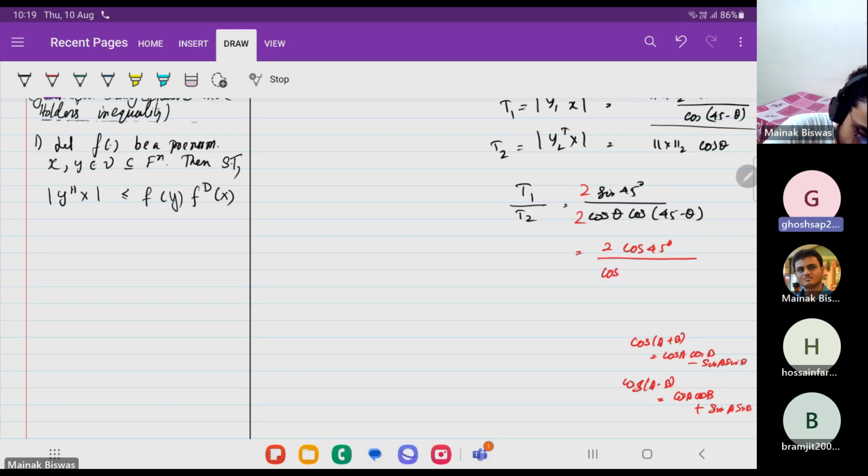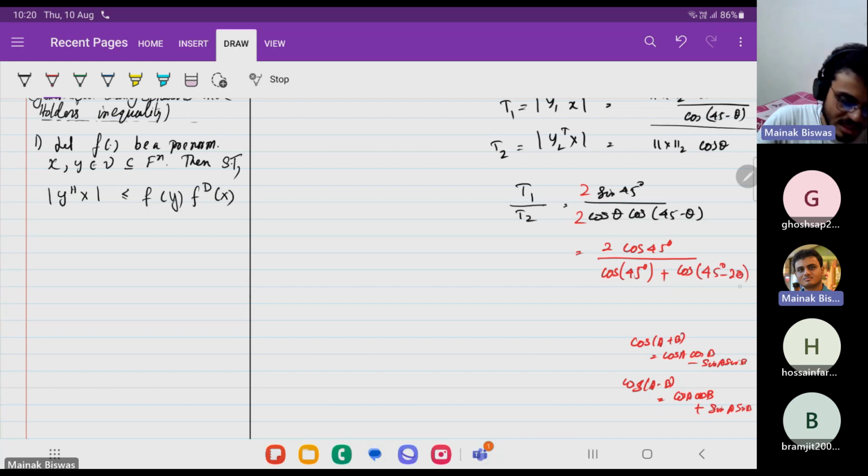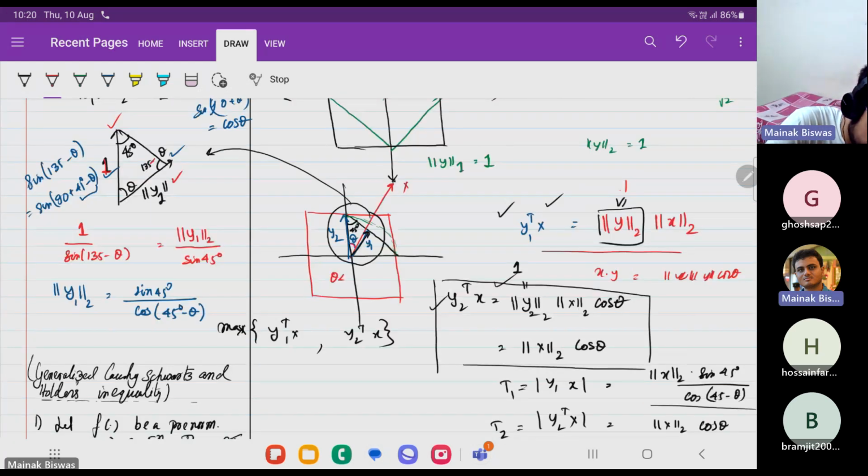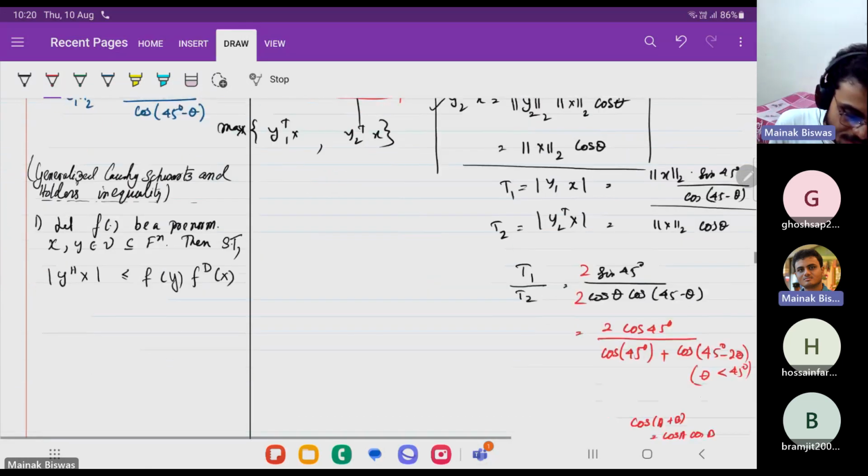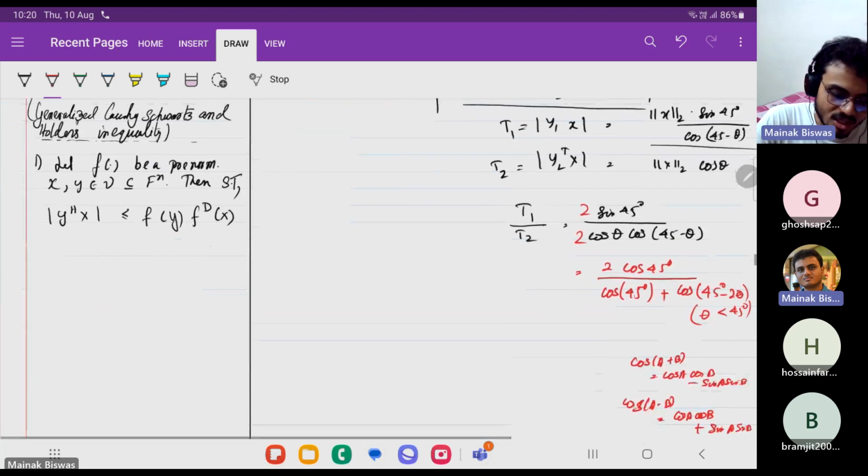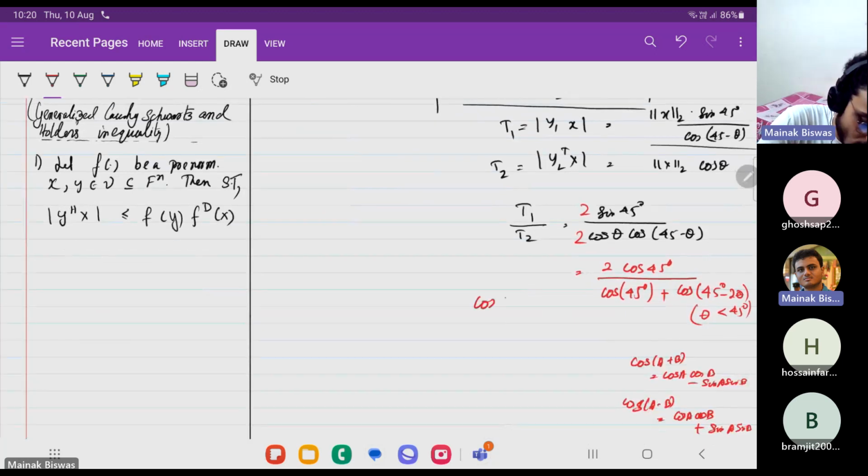Agreed? Cos 45 plus cos of 45 minus 2 theta, where theta is less than 45 degree. I have taken theta to be less than 45 degree. Okay. Now tell me, can you infer something from seeing this equation? Do you see cos 45 minus 2 theta is greater than cos 45?